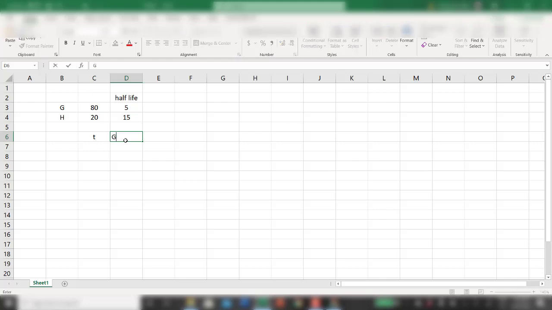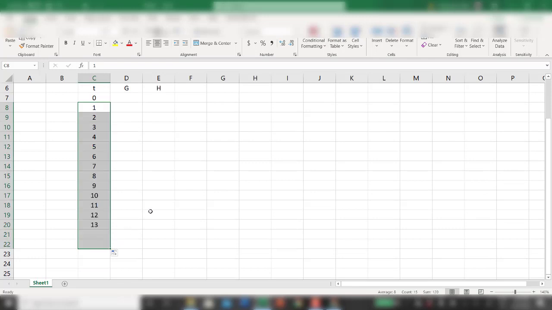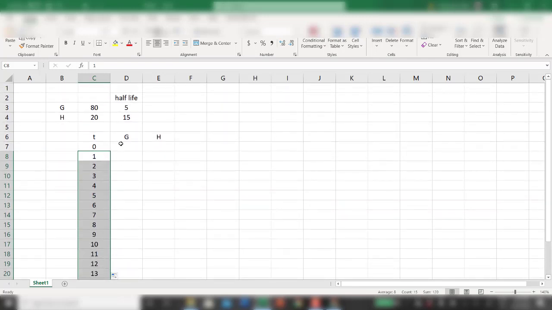So T, G, and H over here. And so let's say I give you a timing 0, 1, 2, and I'm going to drag it all the way down to maybe 15, and then the amount of G that remains.